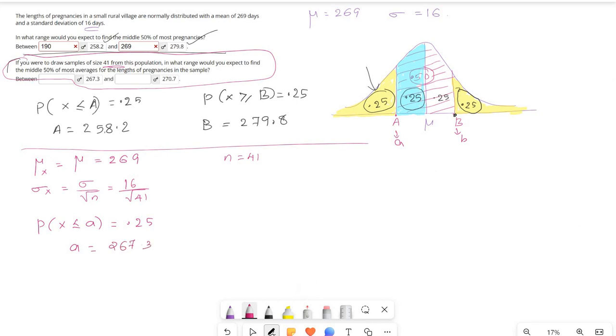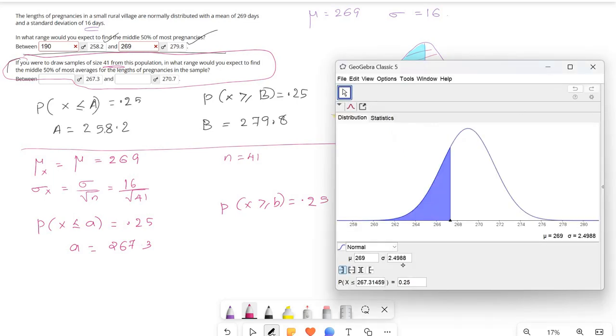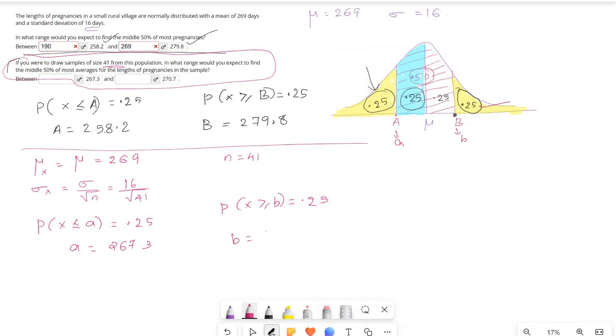In the same way, for the probability of x greater than or equal to b, the upper portion, which is again 0.25, we pick the last option and get 270.68. We can round it as 270.7, so b is 270.7.